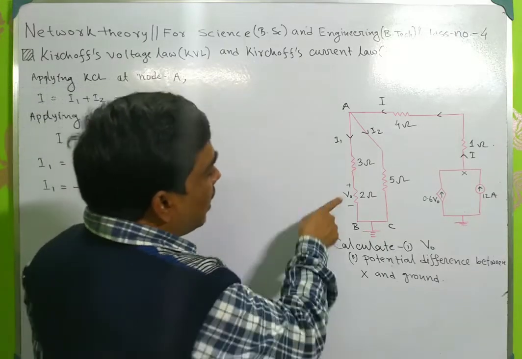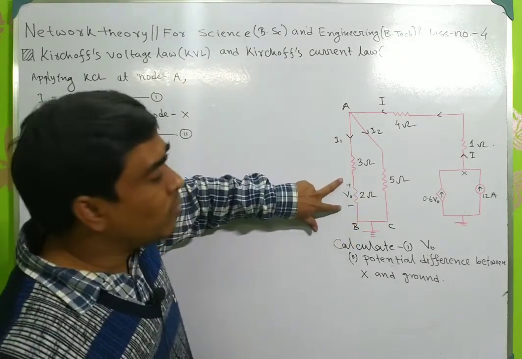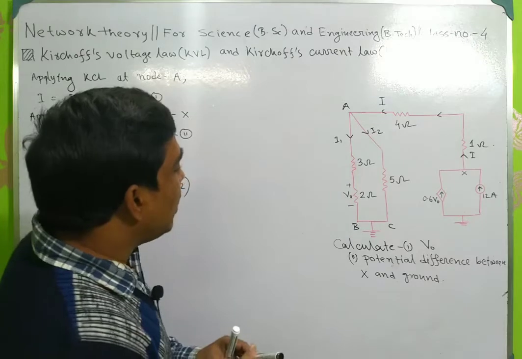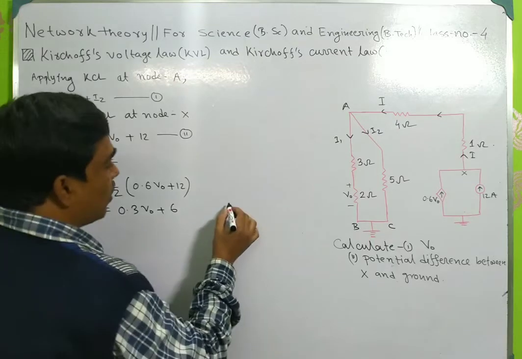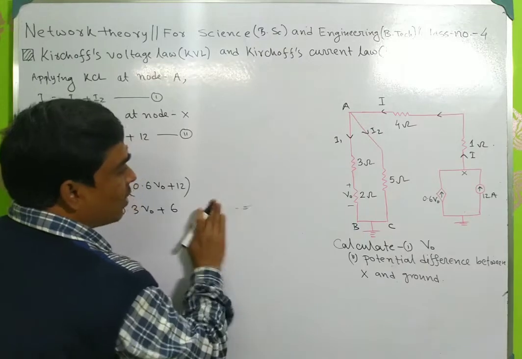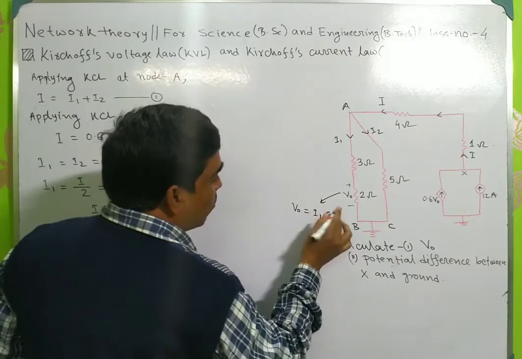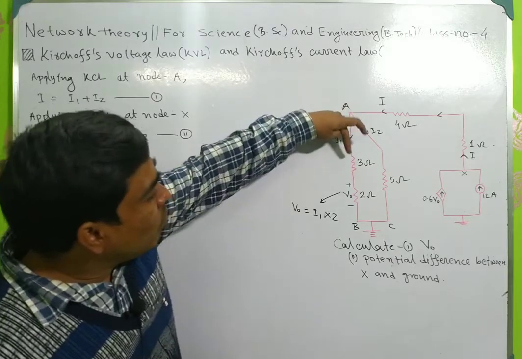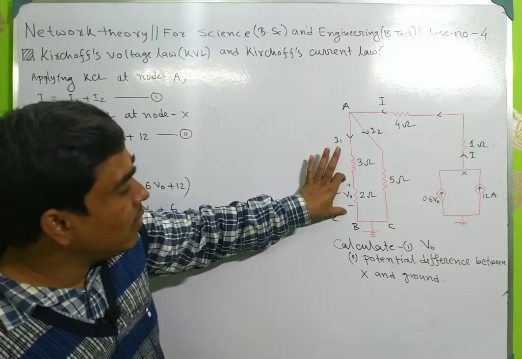Now here you see that the voltage across the 2 ohm resistance is V0 and the current through it is I1. So you can write V0 equals I1 into 2, because the current flowing through this 2 ohm resistance is I1 and the voltage across it is V0.